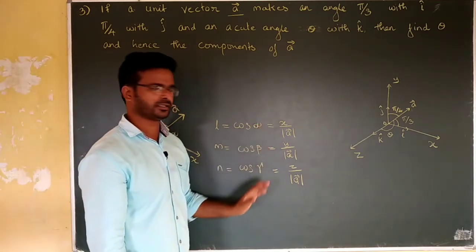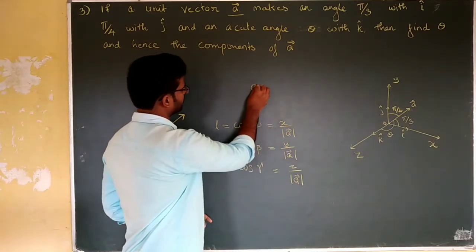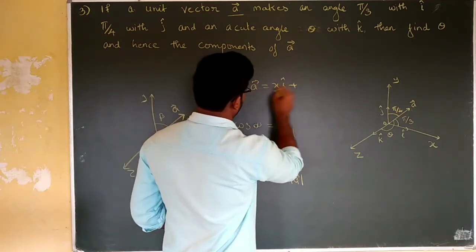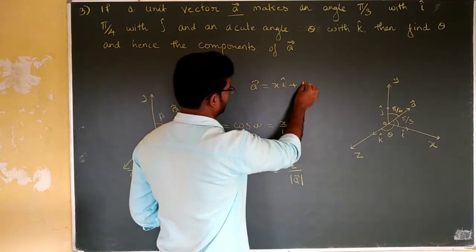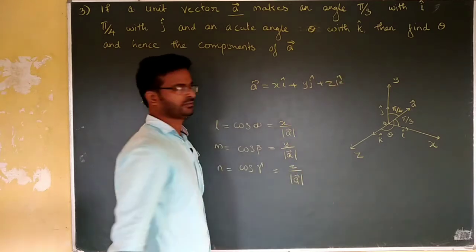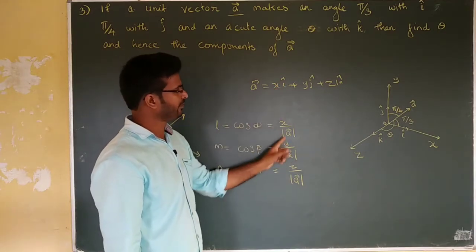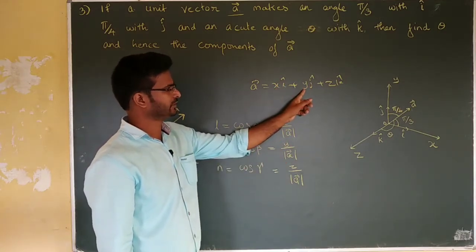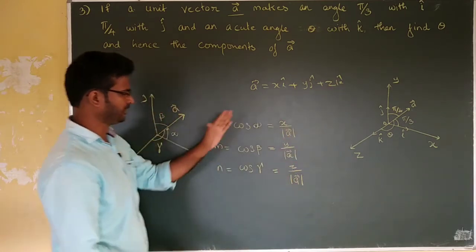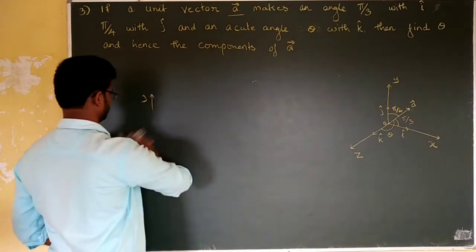That is alpha, beta, gamma. If you write A vector as xi plus yj plus zk, x means the scalar component of I vector, y means the scalar component of j vector, z means the scalar component of k vector. We have already studied this in the introduction of exercise 10.1.